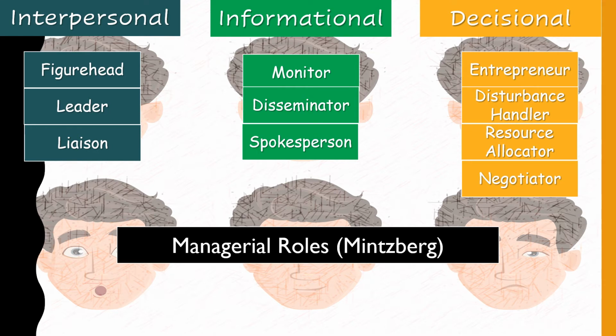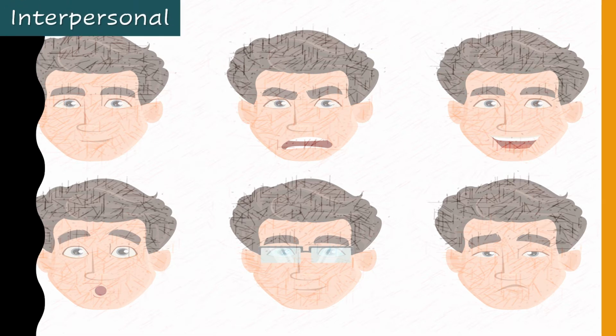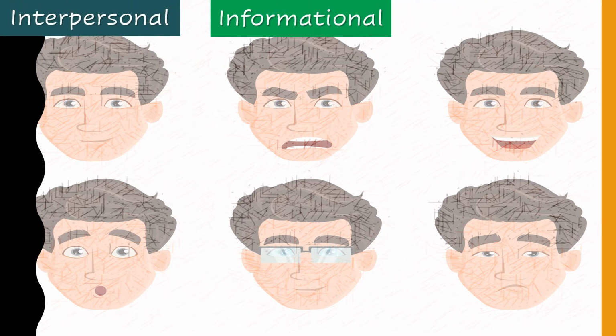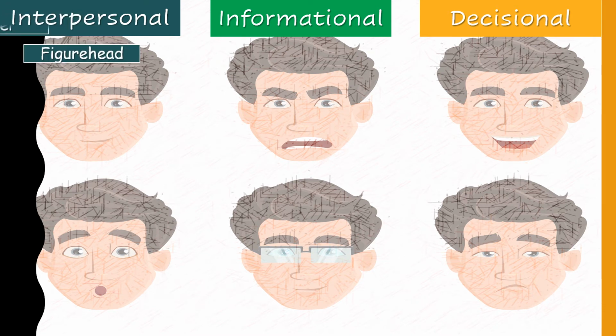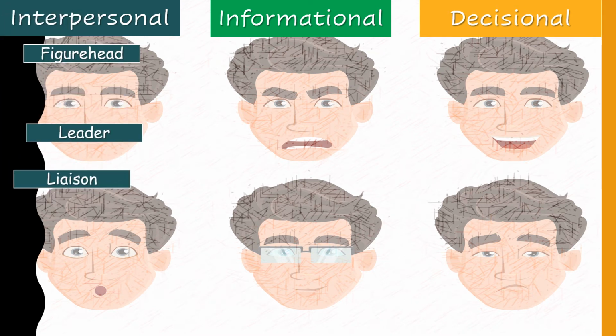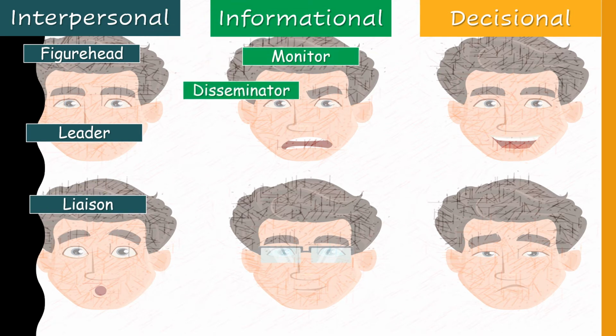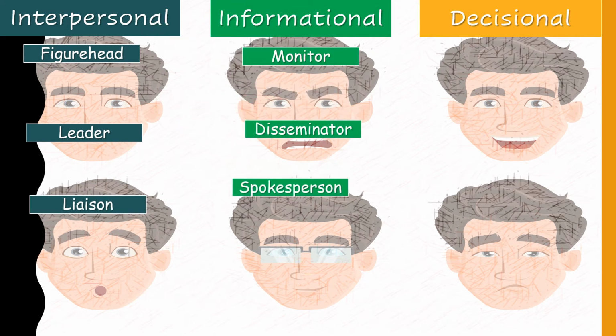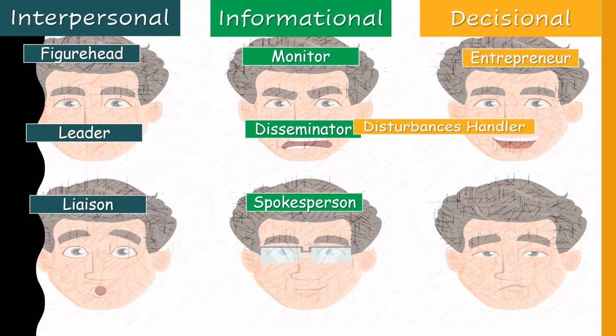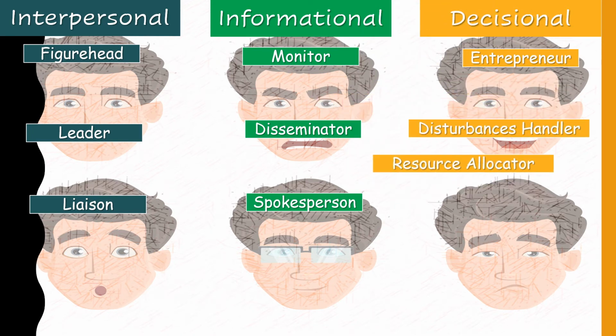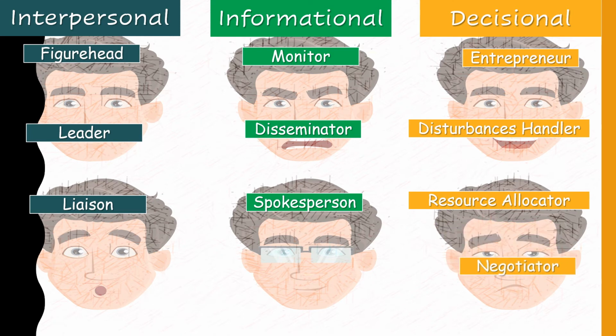Now, as you can probably guess, what I need you to do is to try this on your own, to identify what each sub role means. As usual, there will be an activity here. I have listed all the 10 categories, as you can see, and negotiator.